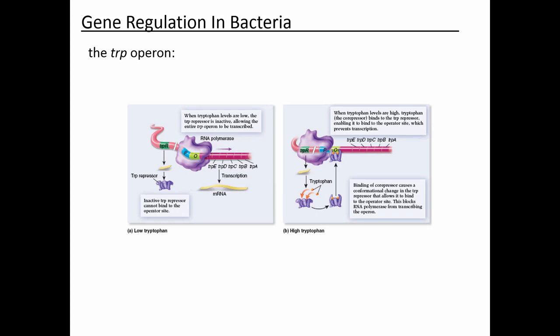So then the repressor binds to the operator, and that prevents RNA polymerase from transcribing those genes. This is a relatively simple switch, and you can see that tryptophan controls whether the repressor is active or not. When you don't have tryptophan, the repressor is inactive, and when you have tryptophan, the repressor is active. And tryptophan controls the repressor by binding to it.